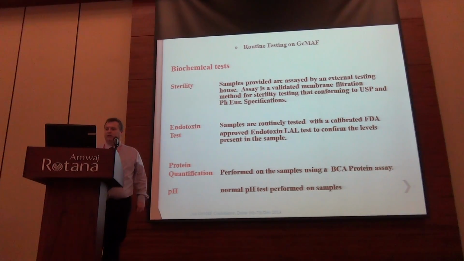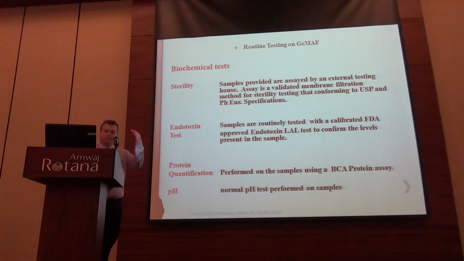We have that calibrated regularly, and there are limits on that system to actually show how much endotoxin per dose you can have. And as far as I'm aware, we've not ever gone above that in any of the batches, so we're quite happy with the endotoxin testing that we do, and we're quite happy with the fact that it's safe in this respect. We do protein quantification, so we monitor the amount of protein in terms of the MAF with a standard assay, and we also check the pH, and that's our biochemical tests.